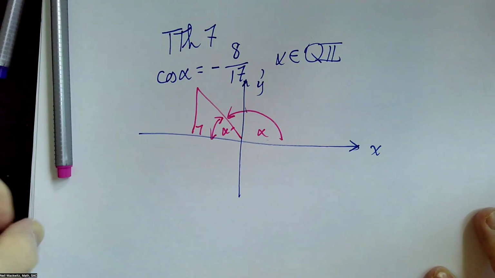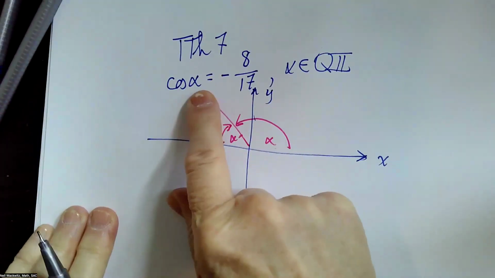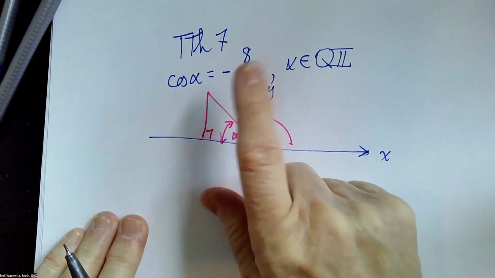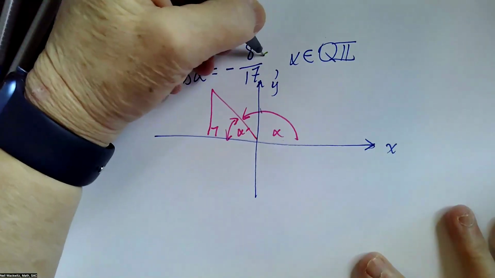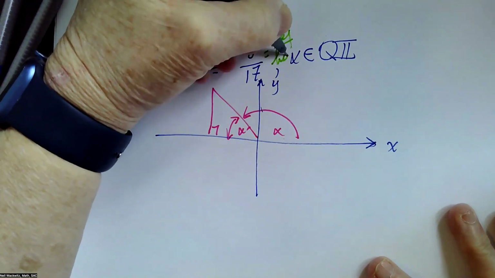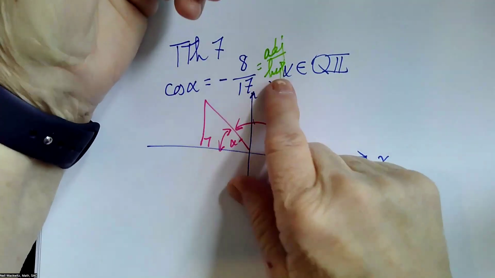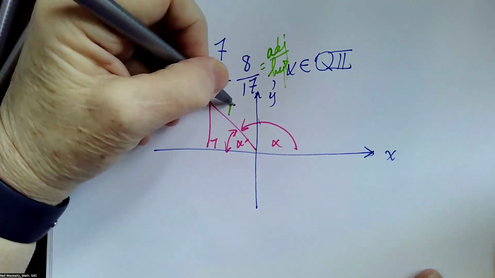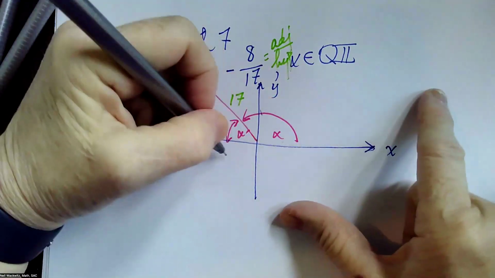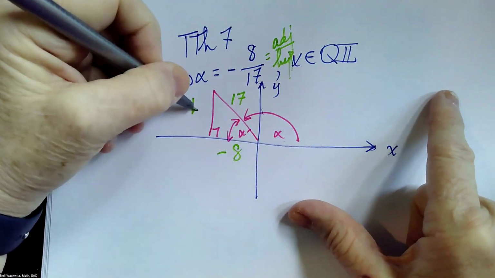We were told that the tangent of alpha is -8/17, and I know that the hypotenuse is always positive, which means that it's the adjacent side that must be -8.